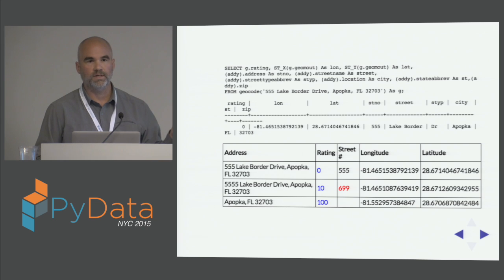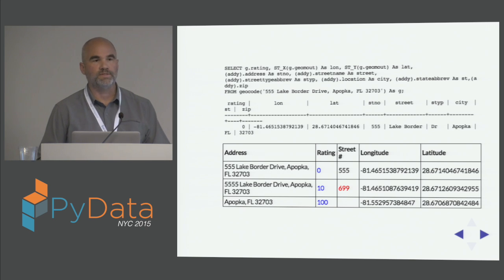You can trust this latitude and longitude. But if you give it an incorrect address and it can't find that, it will give you a rating that says, this may not be where you think it is. And if it gives you a really high rating, it's probably saying, I don't have enough information to determine this precisely. So in the last case, I'm just giving it the name of a city. So it's probably giving something like the center of the area bounded by that zip code.